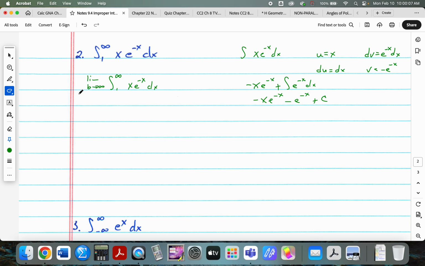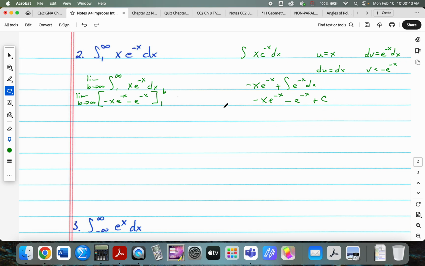So back over here, we'll rewrite this as the limit as b goes to infinity of negative x e to the negative x minus e to the negative x, all evaluated from 1 to b. And see, what this will save you from having to do is having to write that limit over and over again while you're figuring out what the integral is going to do.